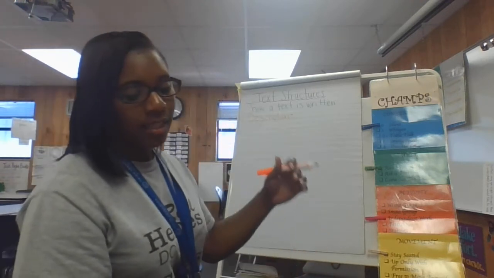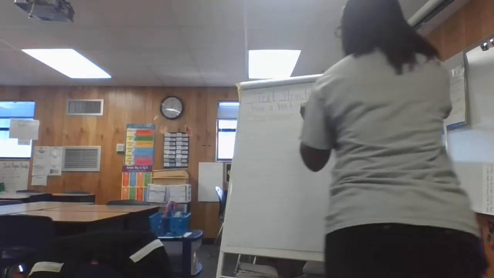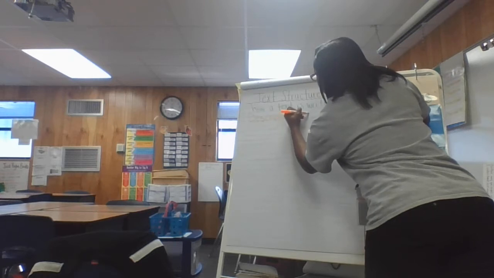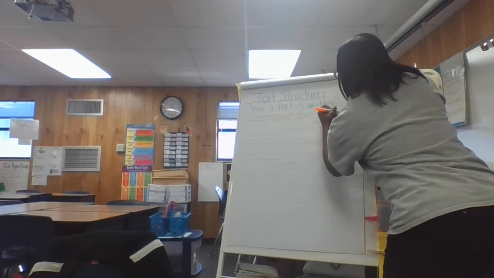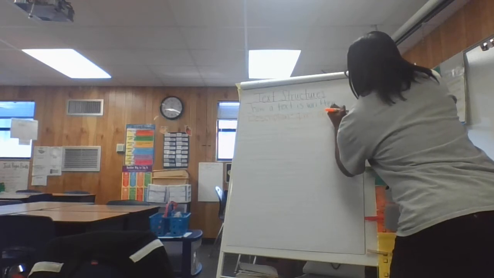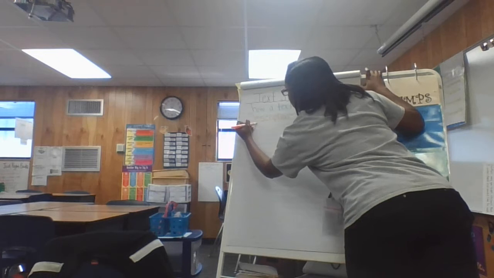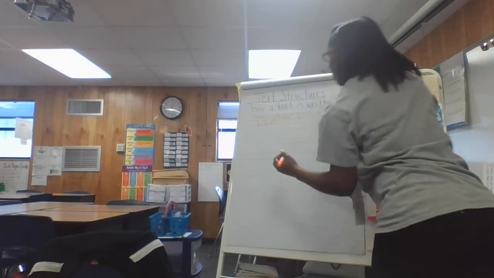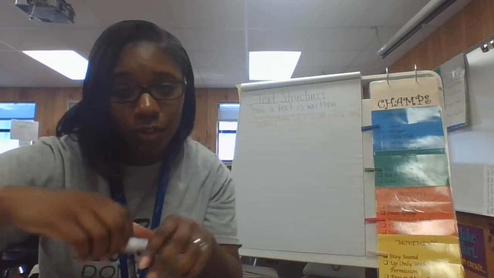So let's go ahead and write that. It's dealing with a main idea and details. So I'll say it gives an idea and details. So the first text structure is called description.